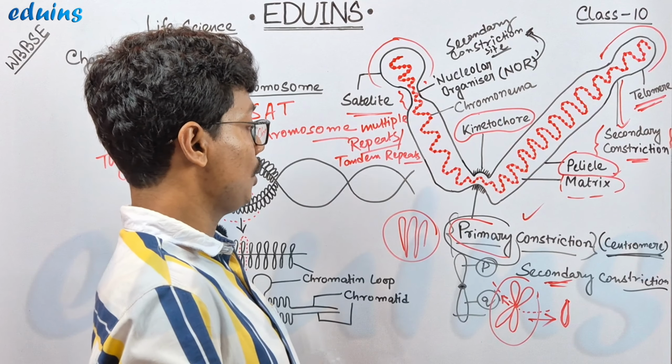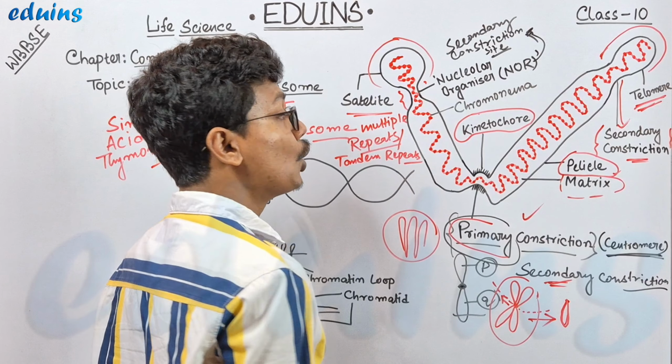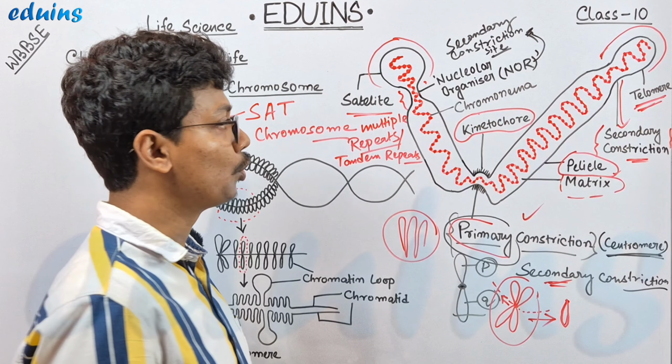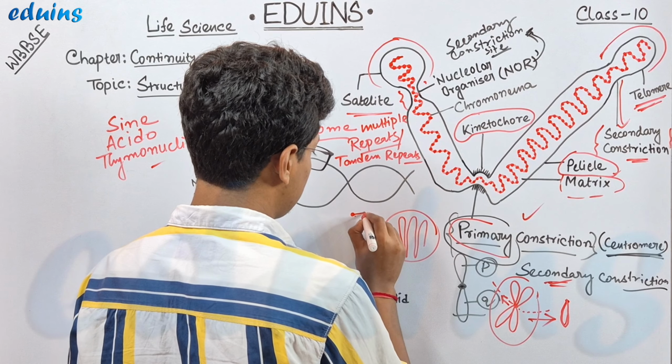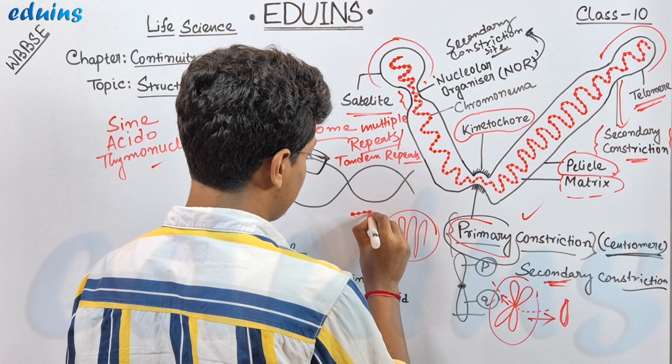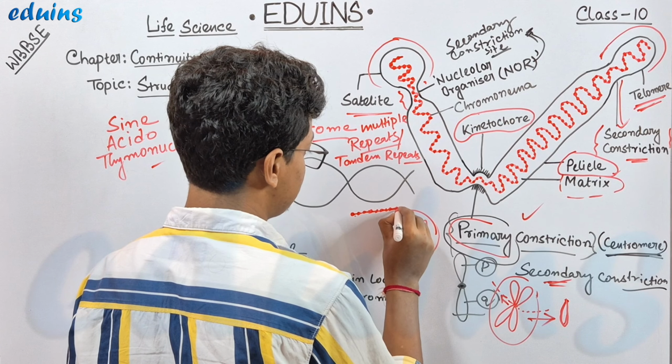Okay, now come to the inner side. There is the chromatin fiber or chromatid, which looks like a string of pearls.